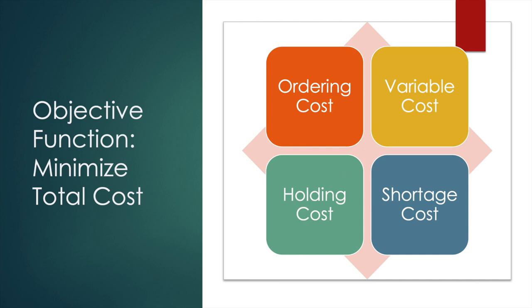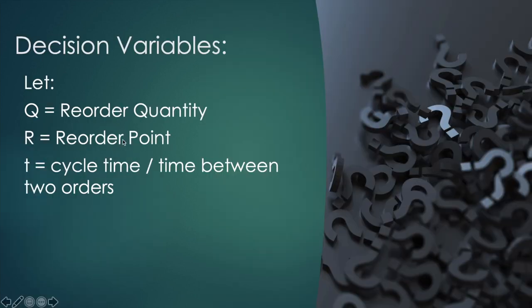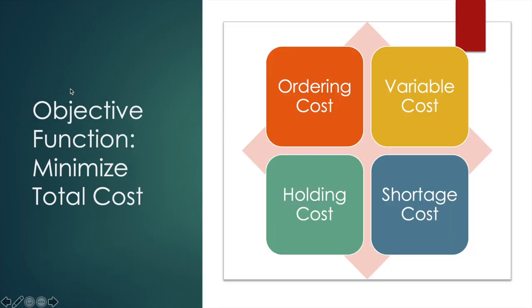Why are we focusing on the cost? If you notice, let us focus on the main variable, which is our reorder quantity. If your Q, your reorder quantity, is high, then you will notice that ordering cost is low. Why?